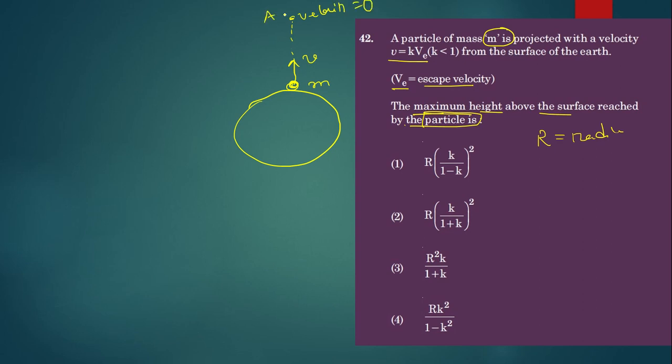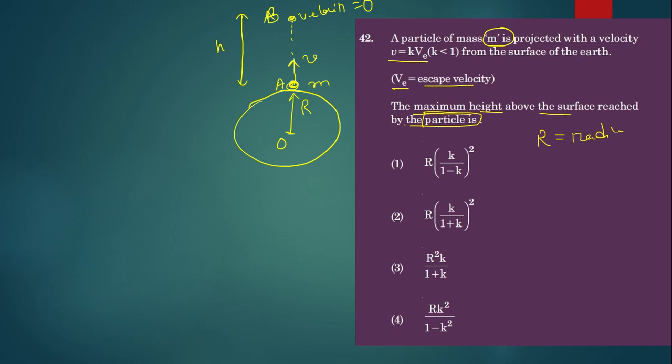Let's say that point is B and this initial point is A. Let's say h is the height up to which this object was able to reach. The radius of the Earth is R, so from the center to this point the distance will be h plus R.